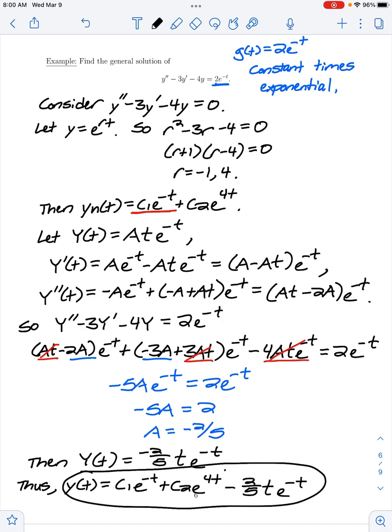So again, in this example, we see a case where our initial guess for the form of the particular solution didn't work out, and we had to modify that initial guess.